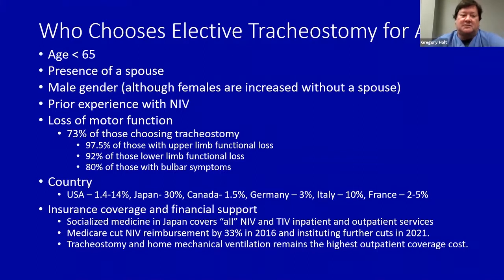So it's something to consider. Don't say, oh, I saw this slide from Dr. Holt that says bulbar symptom ALS patients don't really go for tracheostomies. It should not be the case. I think it's a bigger case in this study because they didn't have the right kind of support for non-invasive ventilation. Now, by country, keep in mind that the US is about 10%.